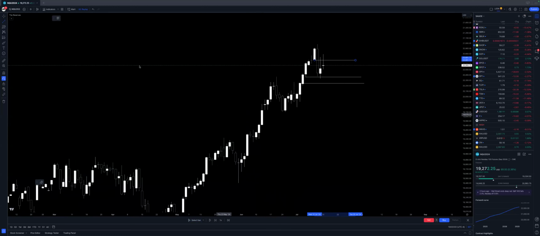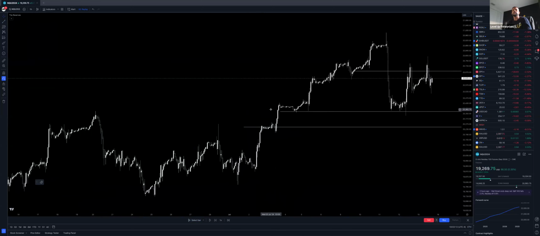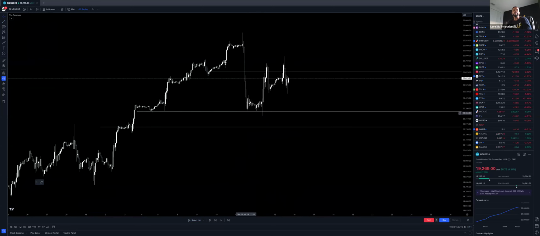So now let's fast forward, and hopefully it allows me to do that. Let's go to the 1 hour time frame, right? And these two levels are my bullish fair value gap, by the way.